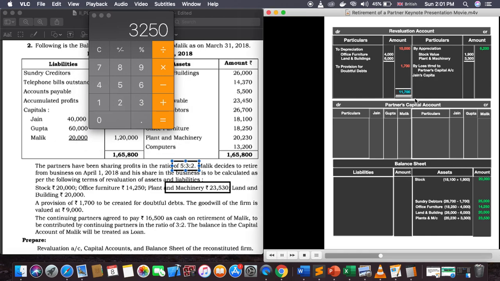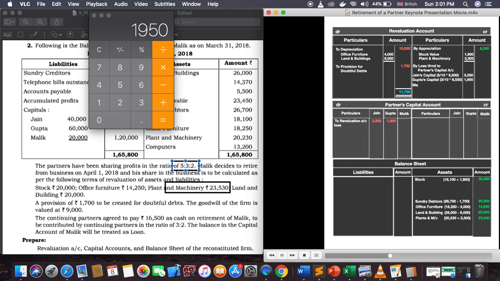So we will write Jane's capital inside in the inner column 3,250, and straight away we'll go and write it over here 3,250. We are debiting his account. That means we are reducing his value. Similarly, we do the same thing, 3 by 10 into 6,500, which is 1,950, and Gupta has to pay 1,950 from it, and we will debit Gupta's partner's capital account.